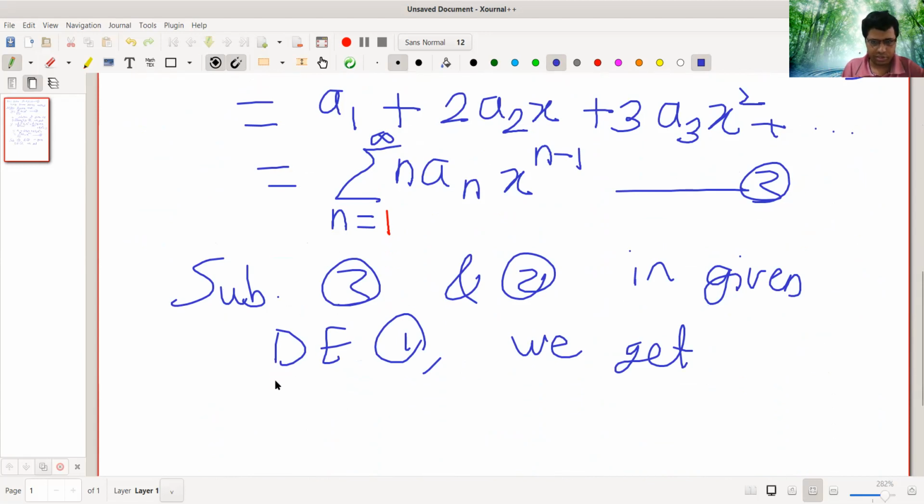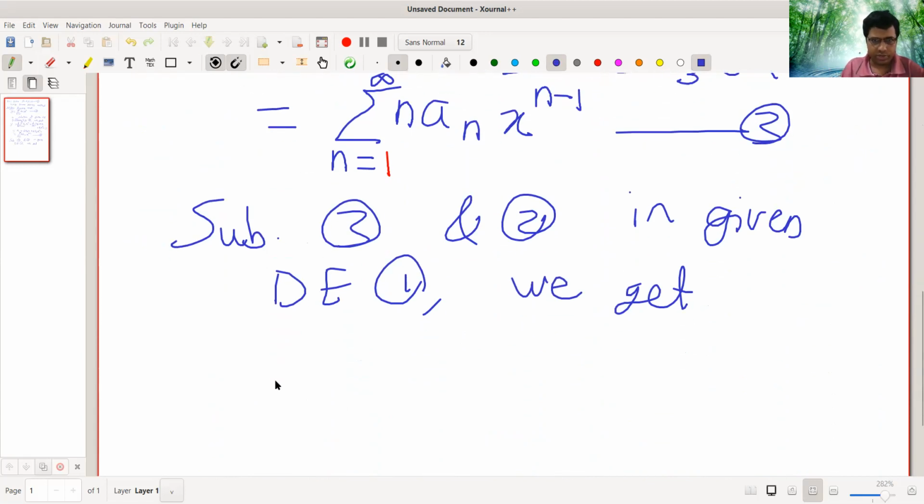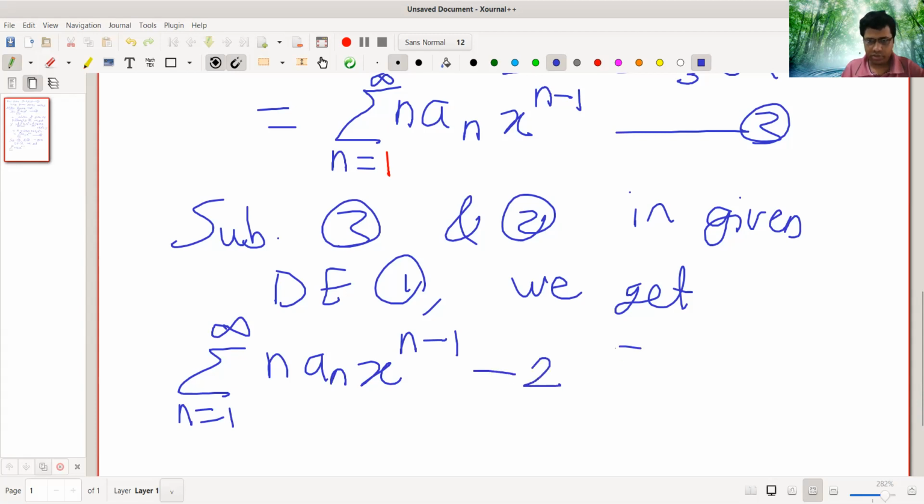So y dash is summation n an x raised to n minus 1, n is from 1 to infinity, minus 2 times y, which is summation an x raised to n, n is 0 to infinity, equal to 0.